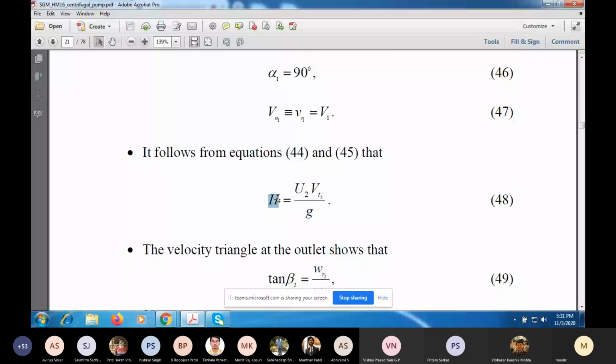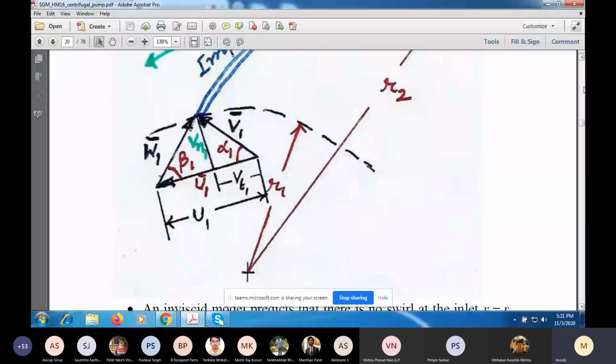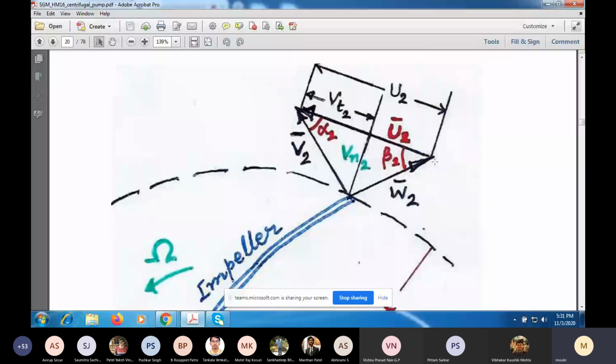Now let us look at the velocity triangle at the exit. If I look at tan of beta 2, it will be Wn2 by Wt2, if you look at this right angle triangle here.